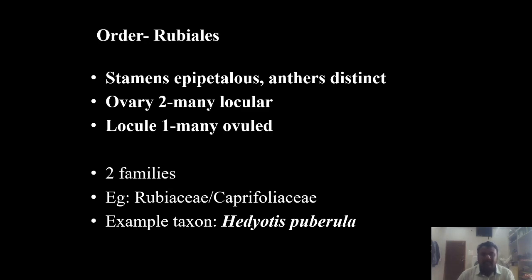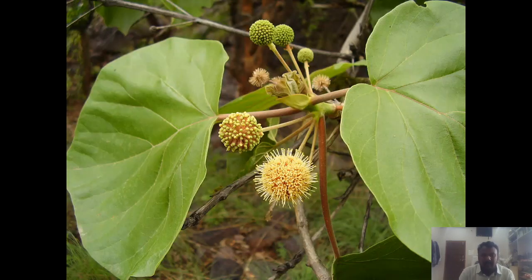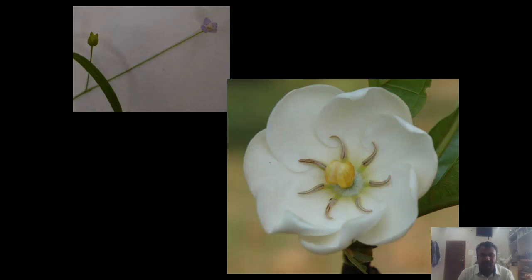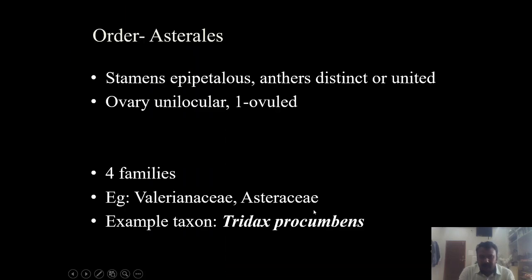One is Rubiaceae and the other one is Caprifoliaceae. Example, Hedyotis pumila. Another example for this Rubiaceae member, Catunaregam or Randia, and this is Hedyotis and this is Tamilnadia uliginosa.